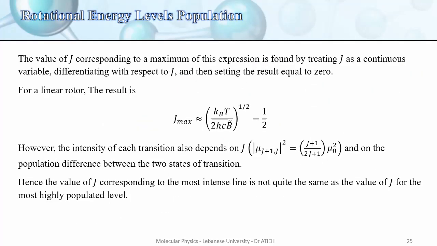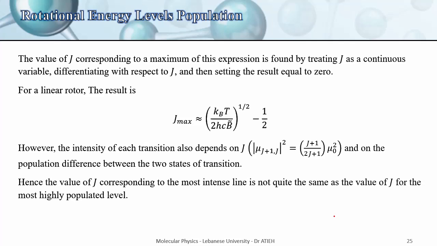Now how to find which energy level has the highest population? It's easy. We take our function, which is the ratio Nj over N0, which is a function of j. We treat this function as a continuous function. It's not continuous because j is discrete already. It's an integer, but we treat it as if j is a continuous variable and our function is a continuous function.